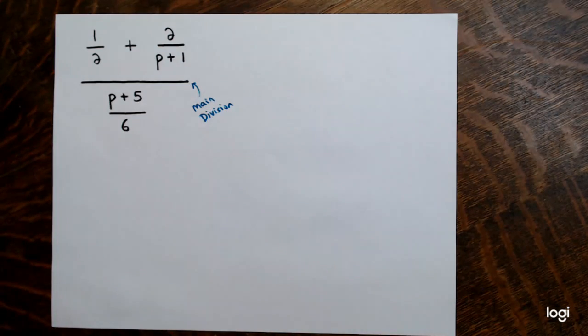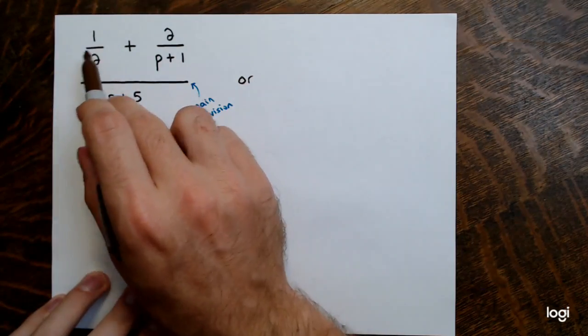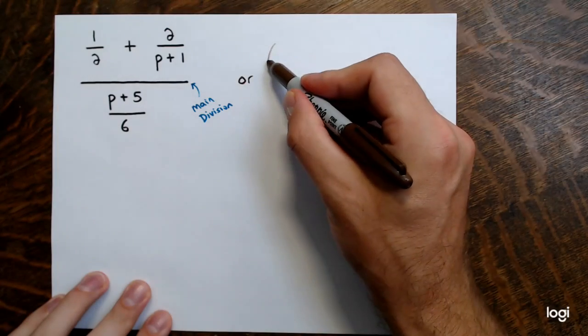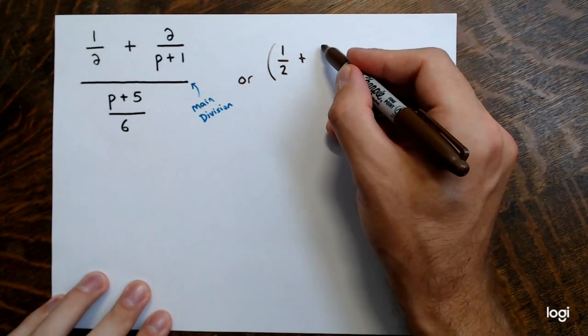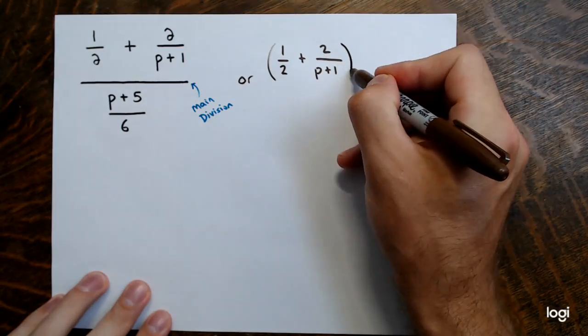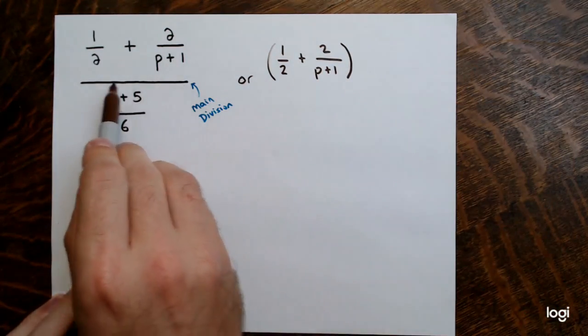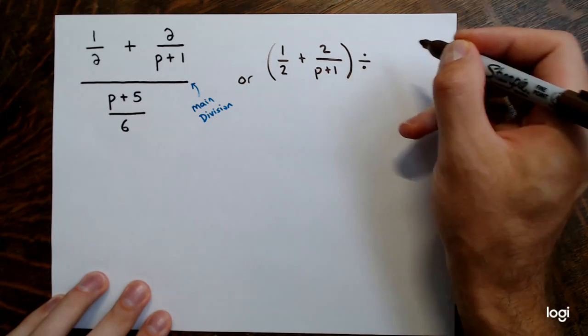And you could also write it this way. I could take all this stuff above and put it in parentheses: 1/2 plus 2 over p plus 1. Put all that in parentheses. And then the main division bar, I rewrite that as a division symbol.